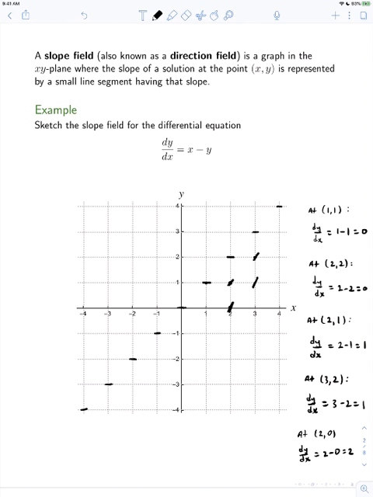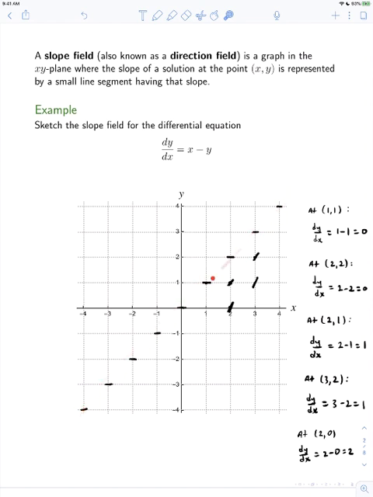The point of this is that it gives you some idea of what solutions look like. Some idea, if not a complete idea. In this particular example, notice that along lines you get slopes of equal value.